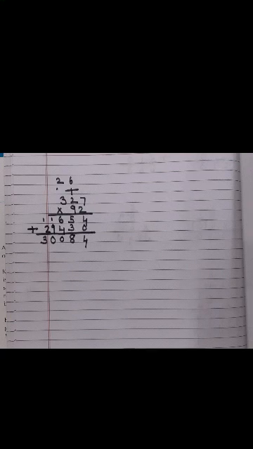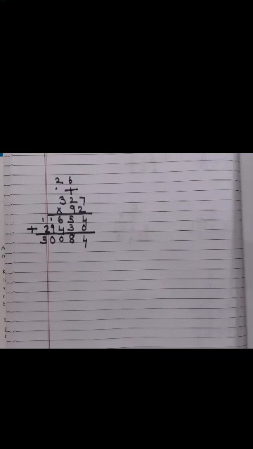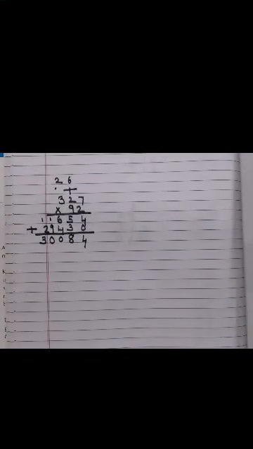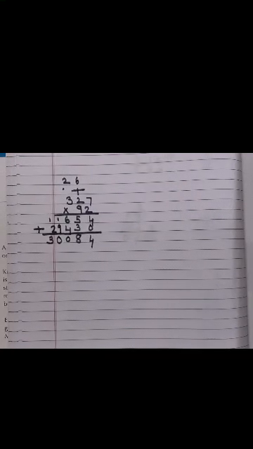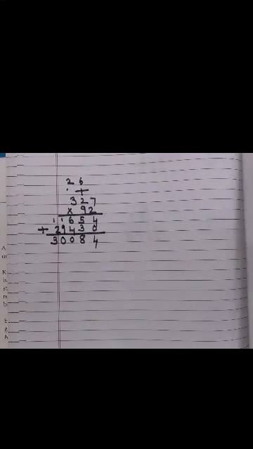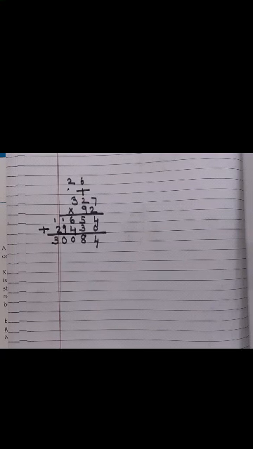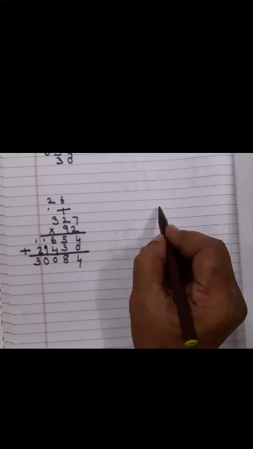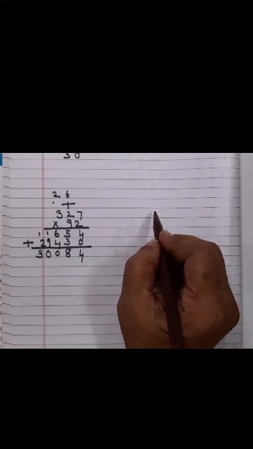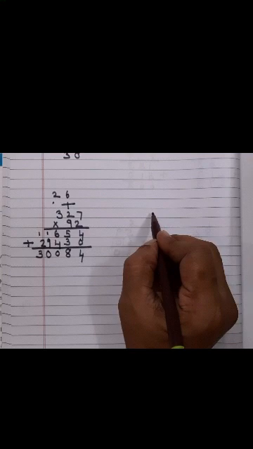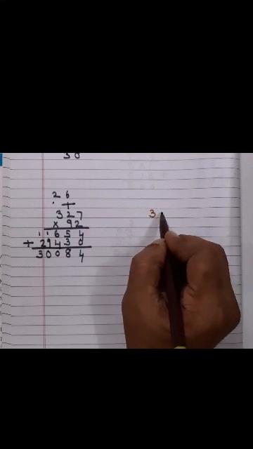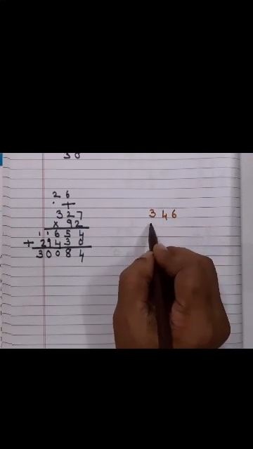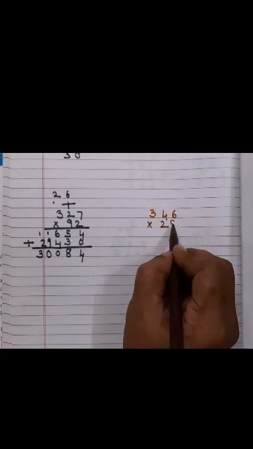Let's take it from the text now. Which one should we take? Let's take this. 346 into 28. So let me take another color pen. Okay. So 346 into 28.